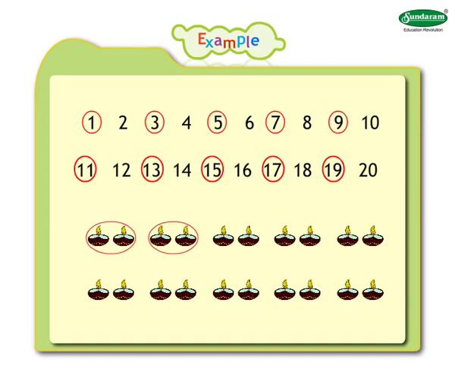Similarly, with all the uncircled numbers 6, 8, 10, 12, 14, 16, 18, including 2 and 4, we can form pairs in each collection, and each time no object is left out.